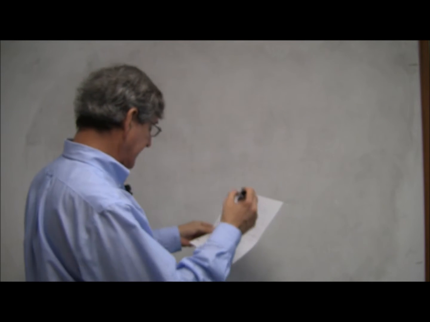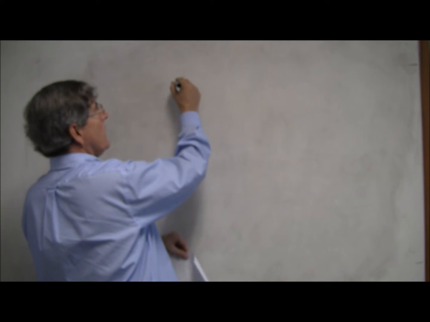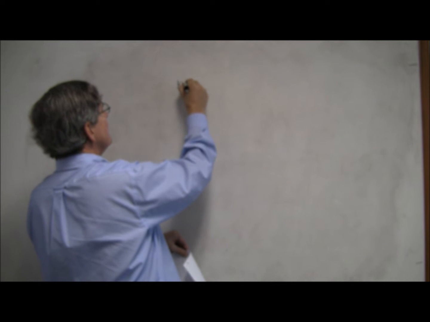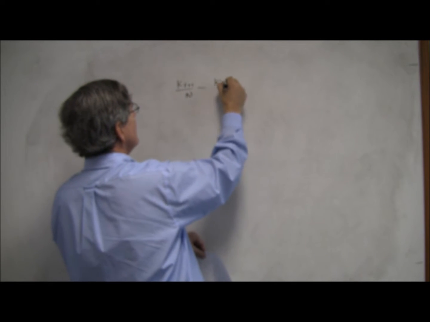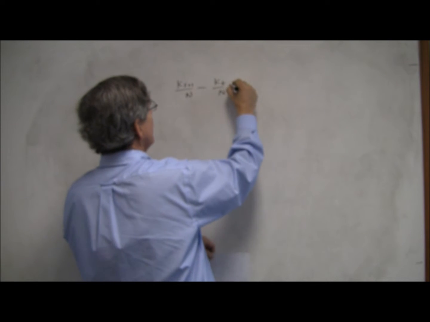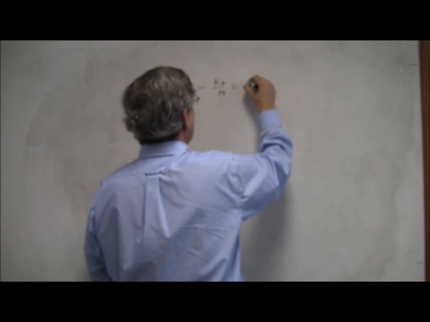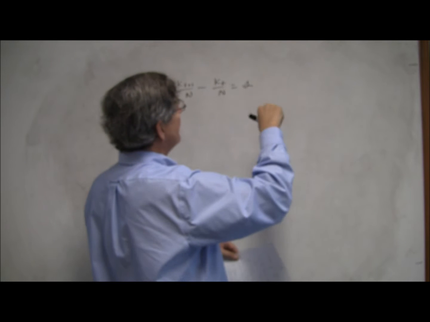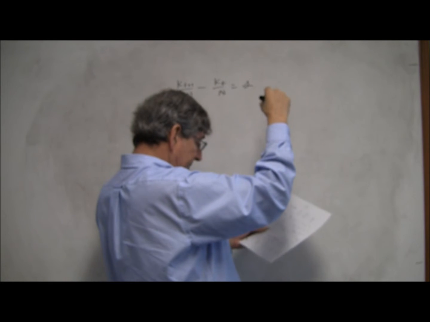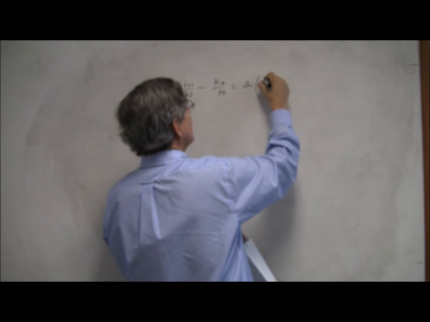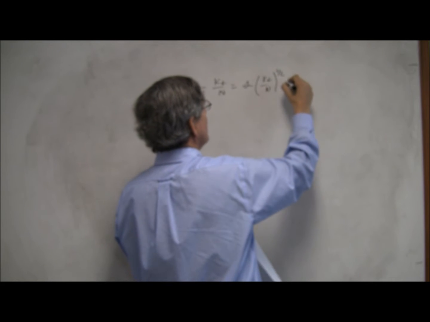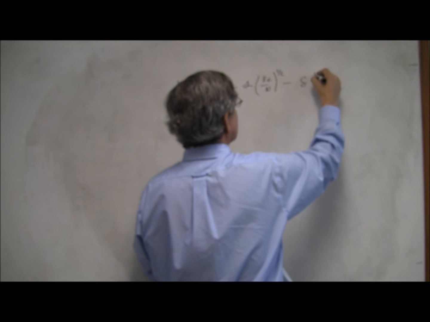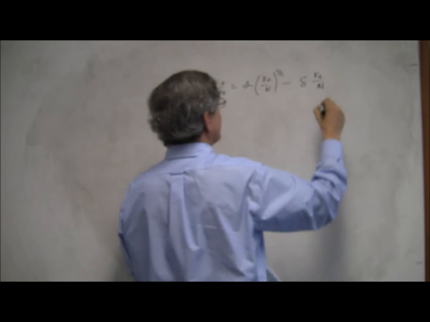So how long does it take? We're going to use the equation k_{t+1} over n minus k_t over n equals s times f of k over n, but we know that's k over n to the 1/2, so k_t over n to the 1/2, the square root, minus delta k_t over n.